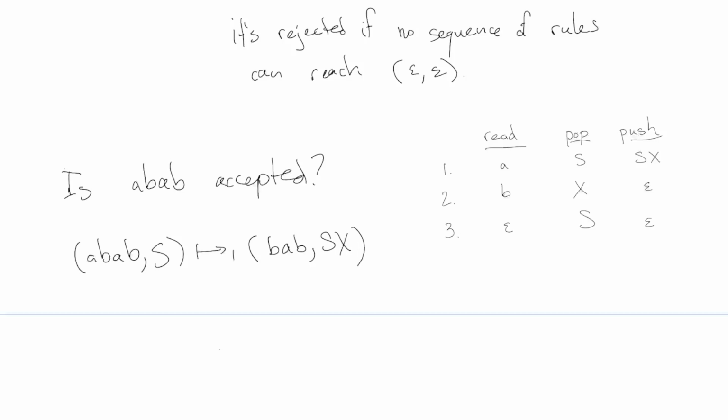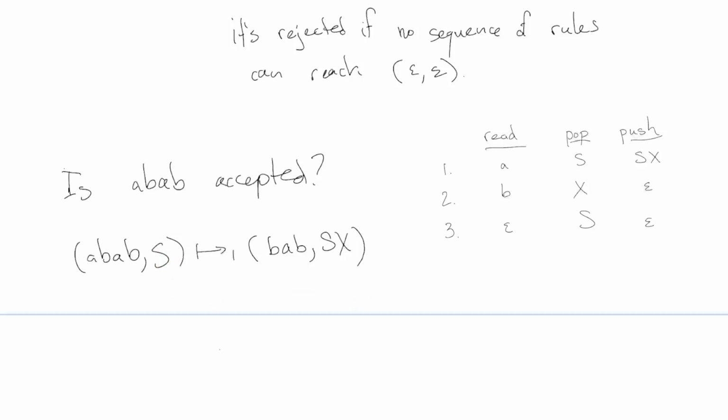All right? I don't know if it seemed obvious to you to do rule number 1, but I will point out, you could have done rule 3 at the very beginning, because this is a read epsilon, pop S. Can you pop an S? Yeah, you can actually pop S at the very beginning. The problem with that is it empties the stack, and then you won't be able to do anything else.